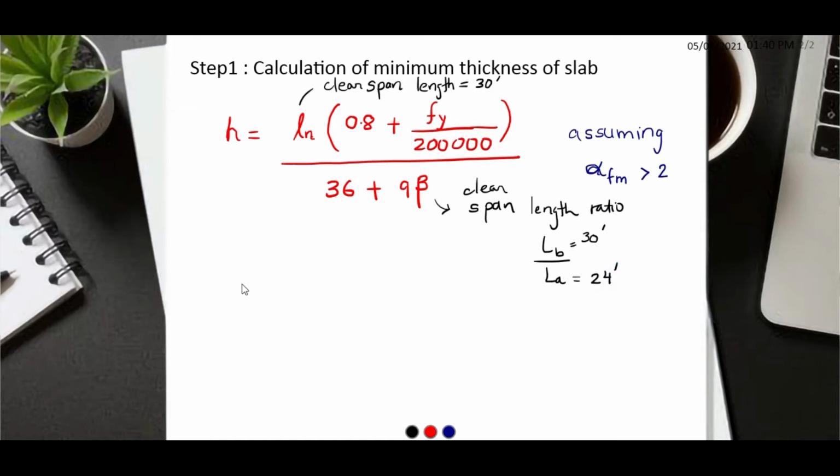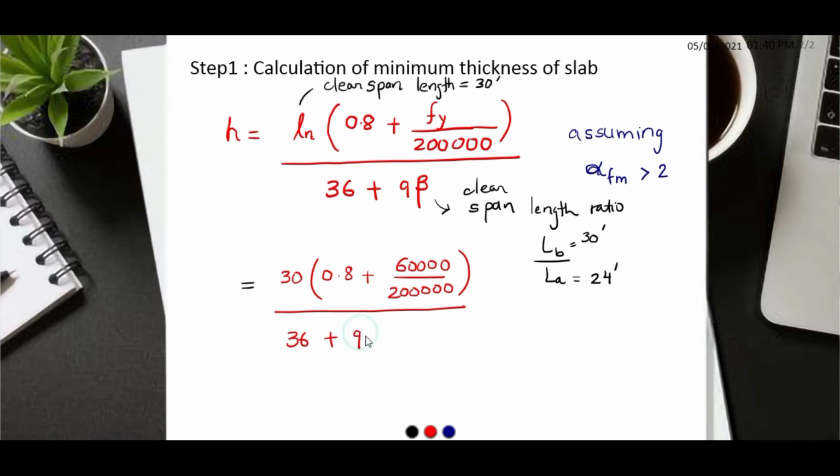So by substituting all these values, we get 0.698 approx feet. Convert this into inches by multiplying by 12. It comes out to be 8.381 inches. So this should be the minimum thickness of the slab.